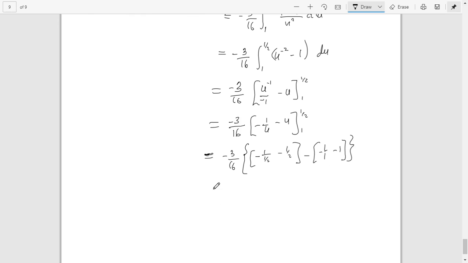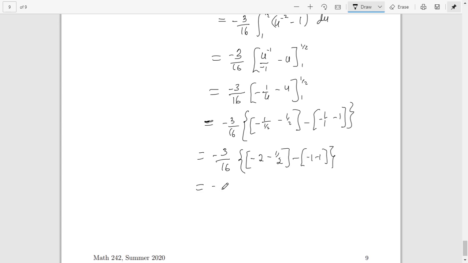If you simplify what we're having here, maybe let's just go through this long road, not skipping any step. We'll be having 1 over 1/2 is just negative 2, minus 1 over 2, subtracted from minus 1 minus 1, which we simplify to be equal to, I think I'm running out of space, so I may have to just skip some steps at this point.